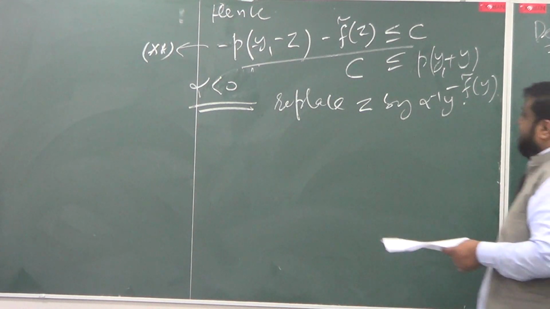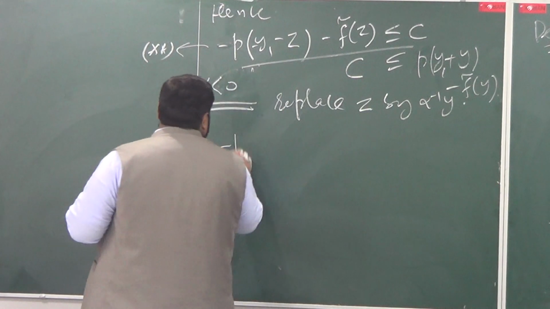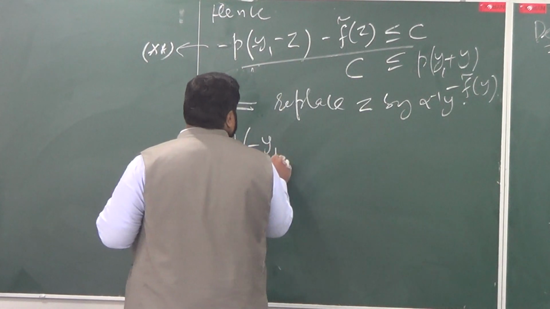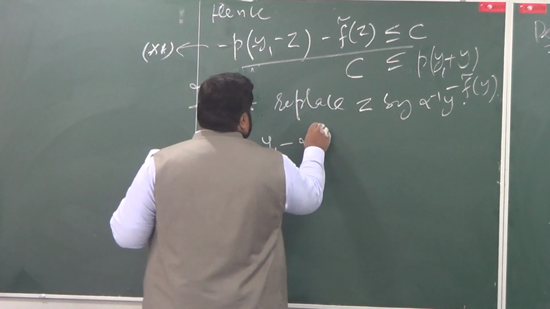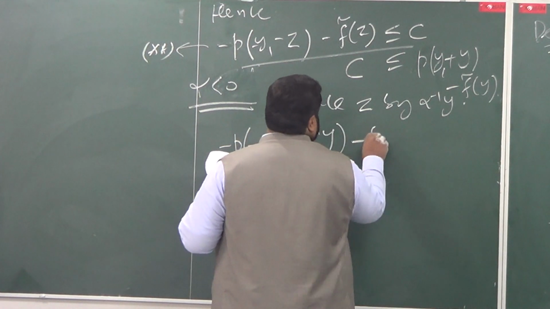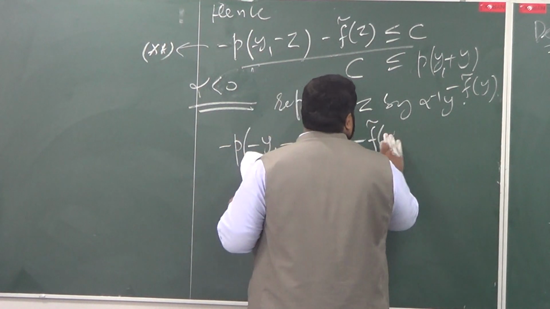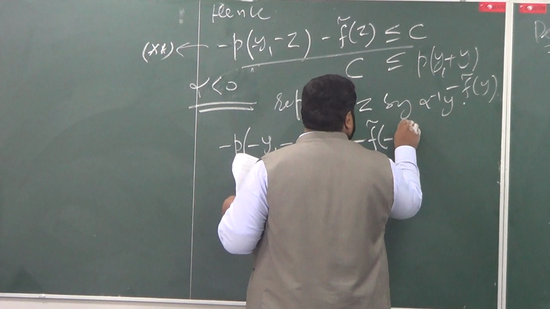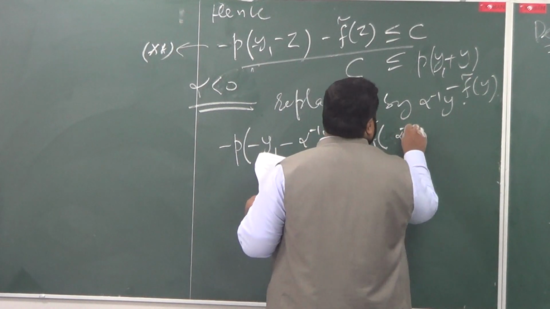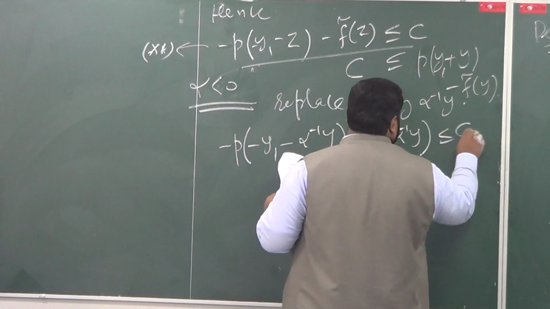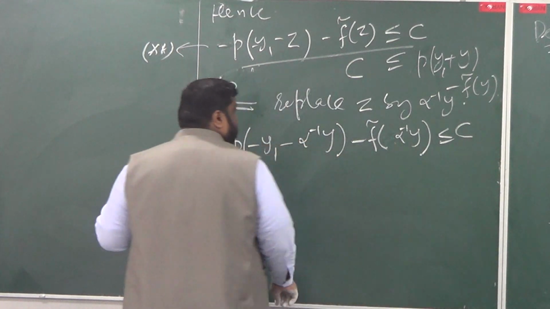So if I replace it, what am I going to get? Minus p of minus 1 minus alpha inverse y, alpha inverse y, minus f tilde of alpha inverse y, is less than or equal to c. Agree? Yes sir.